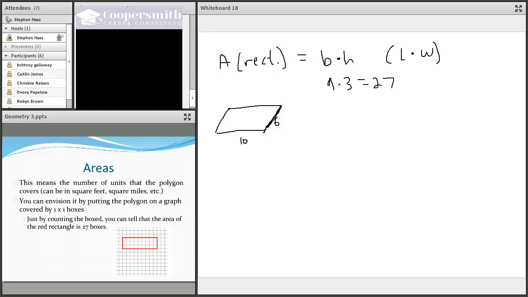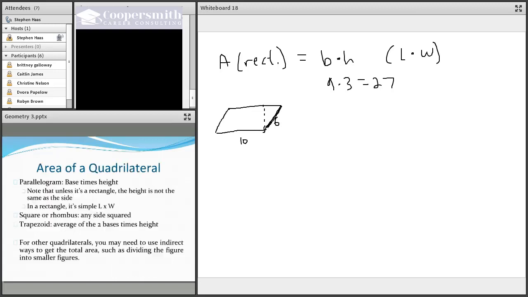If you would be able to tell me what the length of this dotted line is, then 10 times that number would be the area. So really for all quadrilaterals, for all four-sided figures, if you got the length of the base and the length of the height, you would be able to figure out the area in that way.